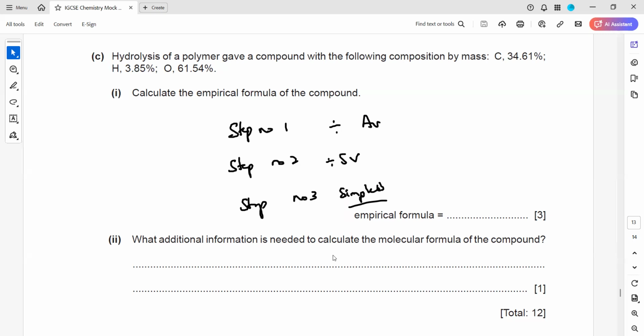It should be relative. I deducted marks for the students who wrote only molecular mass. The right term is relative molecular mass.